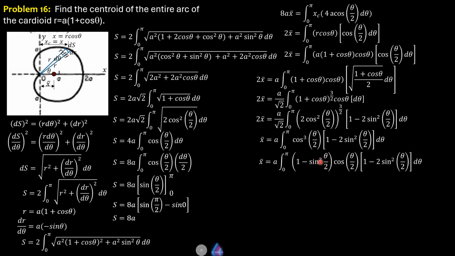Then negative sine square theta over 2 times negative 2 sine square theta over 2 is positive 2 sine to the fourth theta over 2. So bar x is a, then integral 0 to pi of quantity 1 minus 3 sine square theta over 2 plus 2 sine to the fourth theta over 2 times cosine theta over 2.